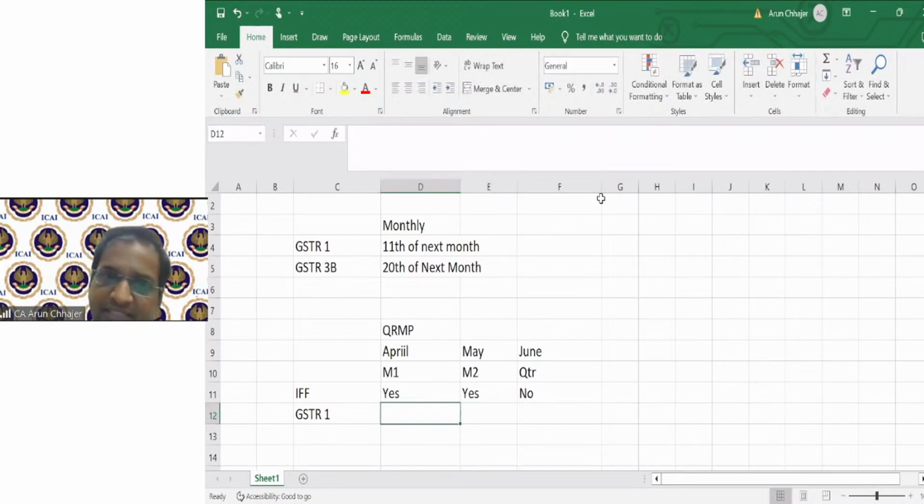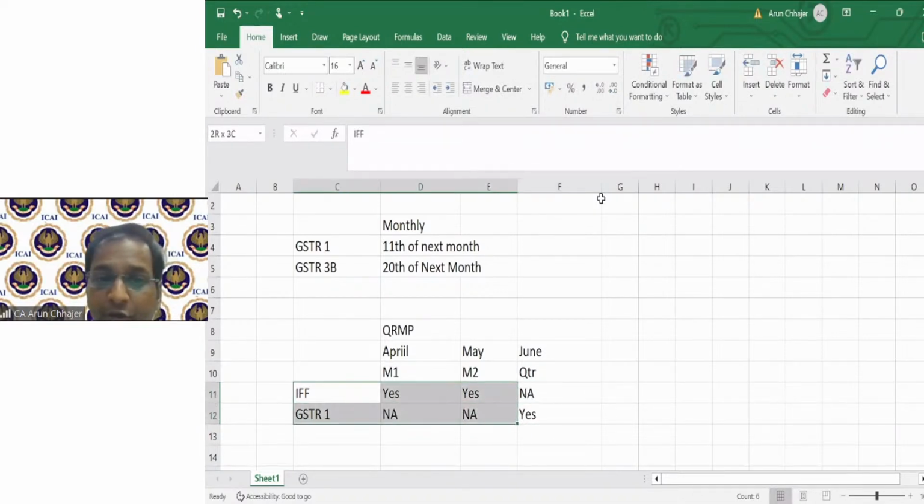So tell me, GSTR1 is applicable for M1, M2 or June quarter? June quarter. Fine. यहां तक मुझे समझ.